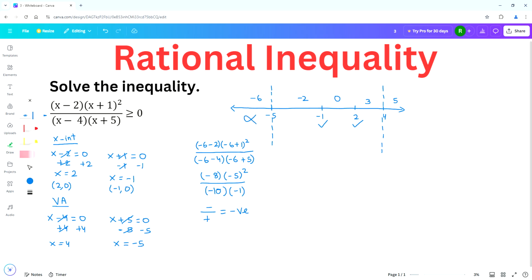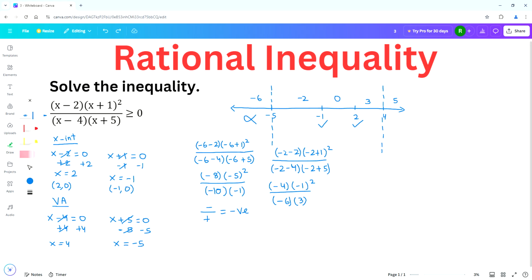Next, we can do the check for x equals negative 2. In the numerator, negative 1 square is equal to plus 1.